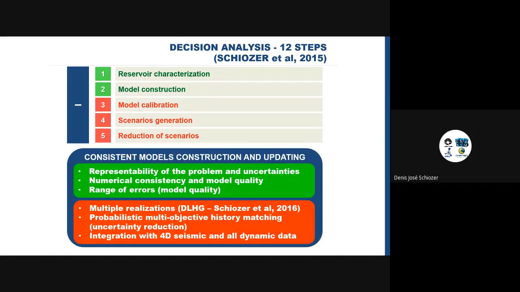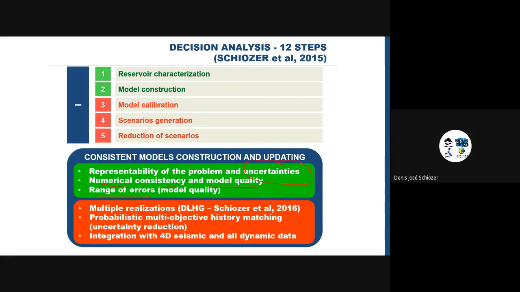I forgot I had separated these in steps. First, I was talking about the green part and the red part here. We have here, to have consistency in the numerical models, we have quality, the range of errors. We have to include uncertainties, which is important.